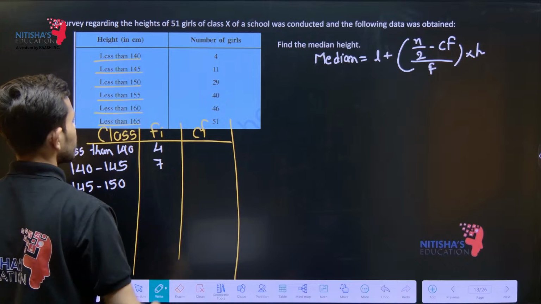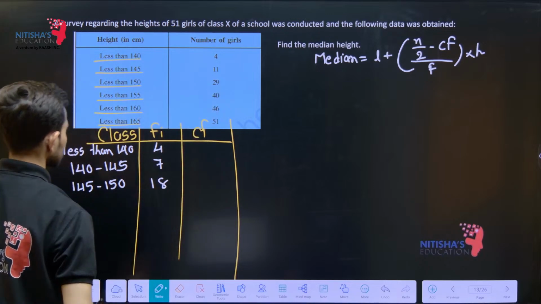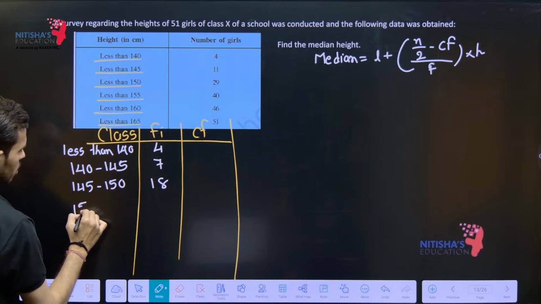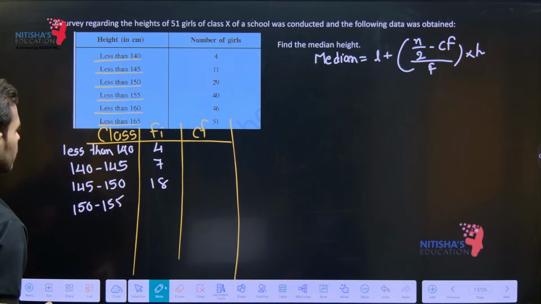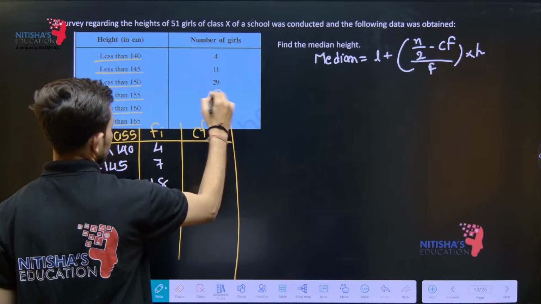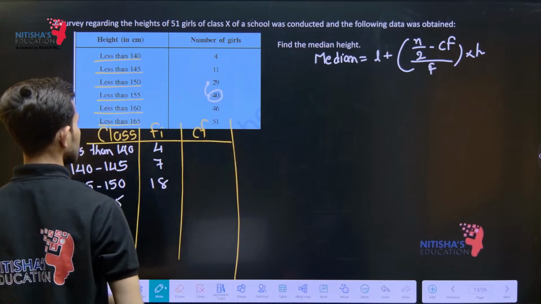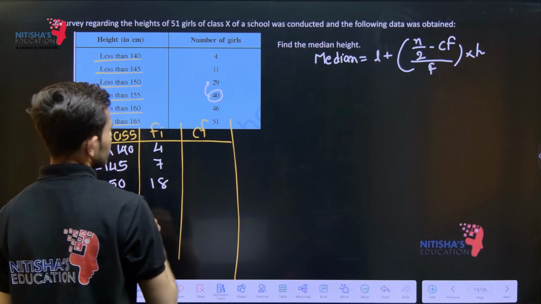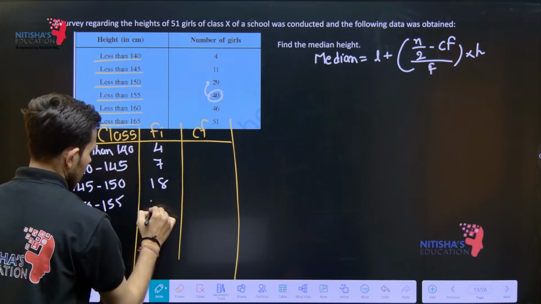So we need to subtract 11 from 29, then it will be 18. The next class is 150 to 155. The total is 40, but from this 40, 29 are already considered. So we need to subtract 29 from 40, so it will be 11.